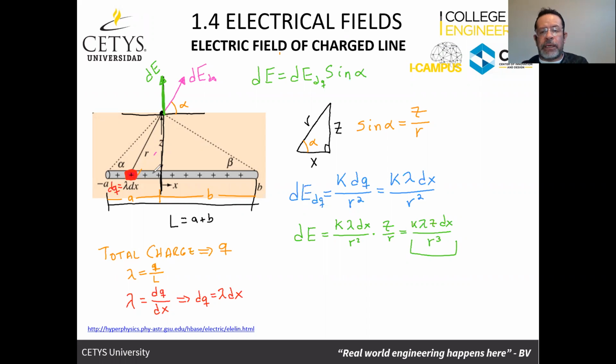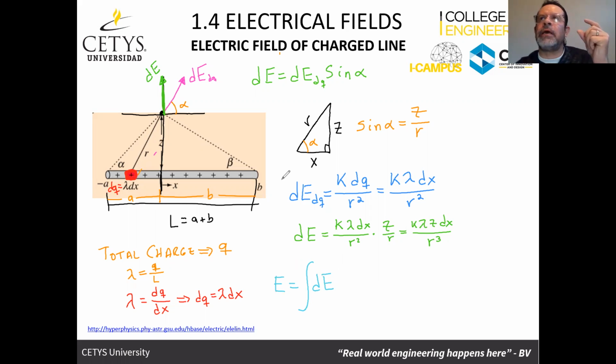If I want to find the electrical field of the whole line, what I'm going to have to do is integrate or sum or add all of the electrical field points along the line.